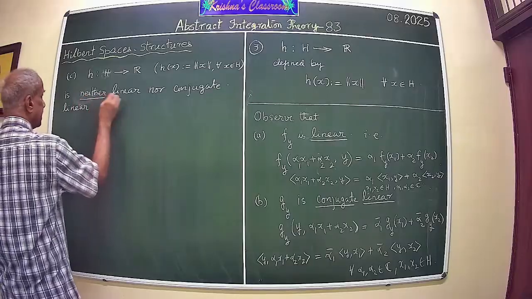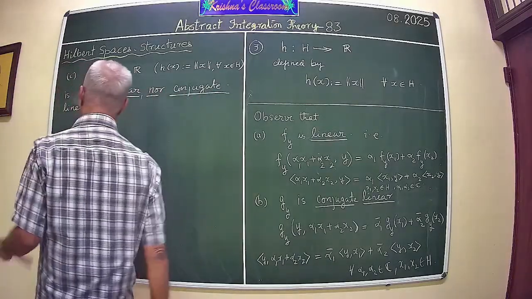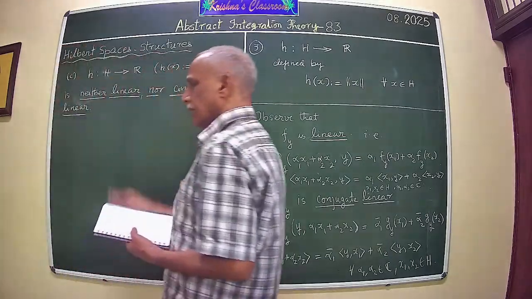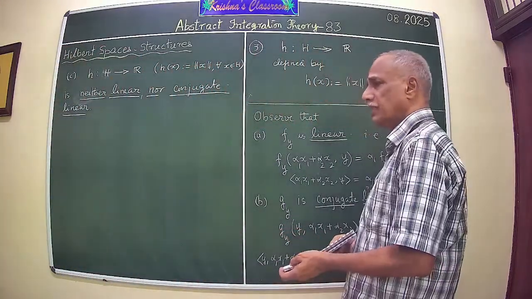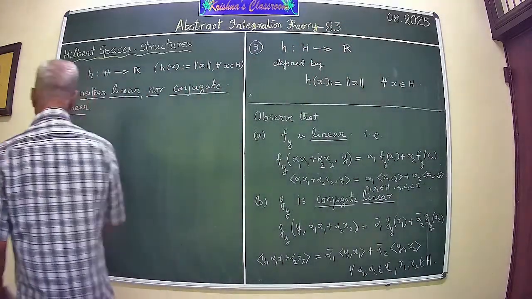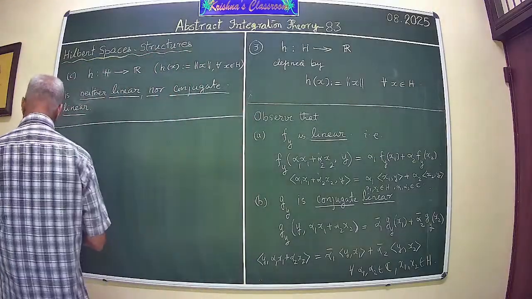This is an observation that you make. Neither linear nor conjugate linear. It's just a real value with certain nice properties. We shall explore this. Now we prove the following theorem.